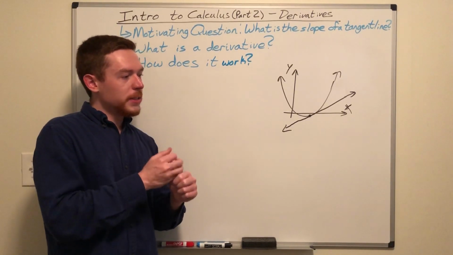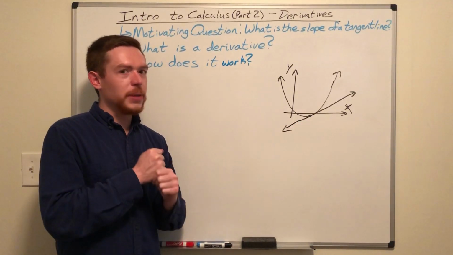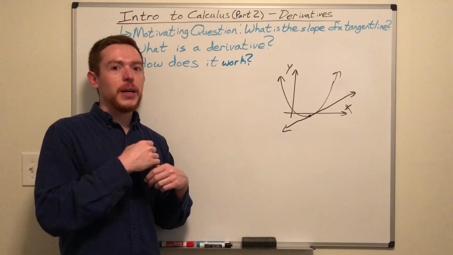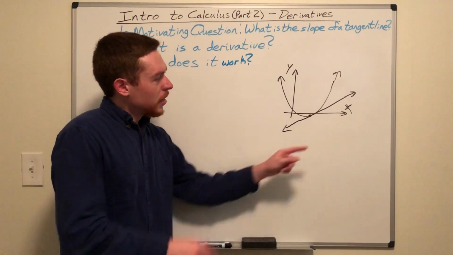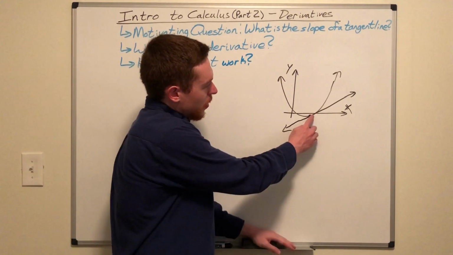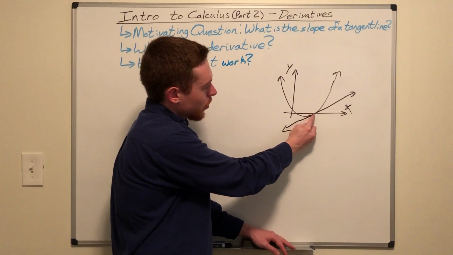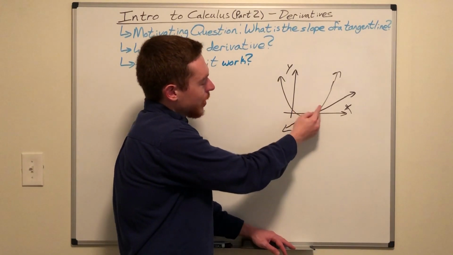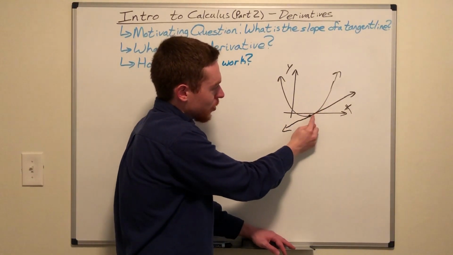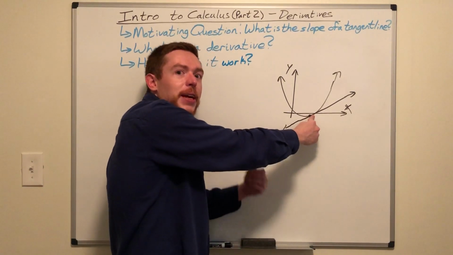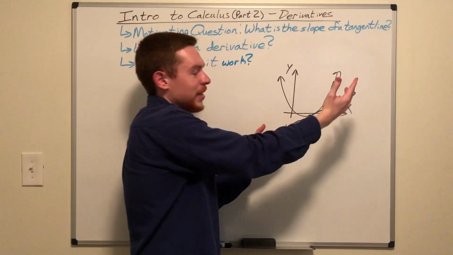So, one reason that derivatives and finding the slopes of tangent lines are incredibly useful is they allow us to linearize a function. Notice in this picture, especially as I'm close to the point where my tangent line touches, it's almost indistinguishable. You can't distinguish the function from the tangent line. The function and the tangent line look basically the same here. And so that allows us to replace some complicated function with just a line, right?